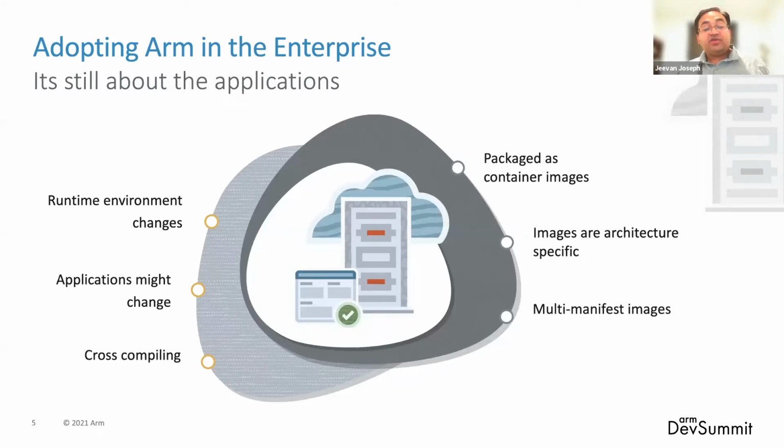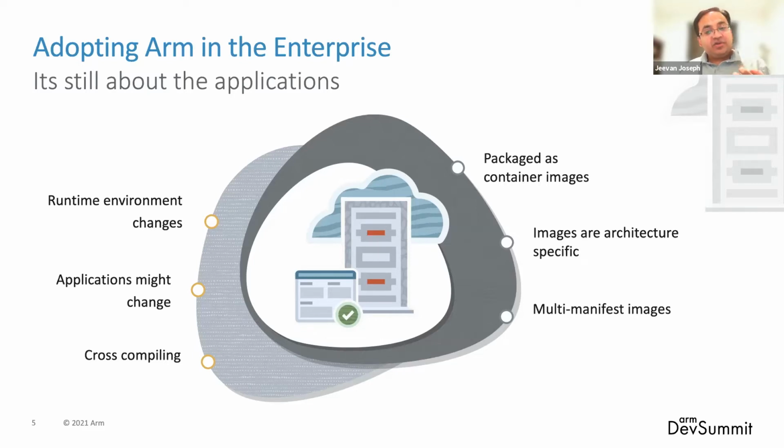Or it might include actual application changes for applications that are optimized for a specific CPU architecture. If you're using a compiled language, it will generally involve cross-compiling your application against multiple architectures and producing multiple binaries, right? One that works on ARM, one that works on x86, and so on.